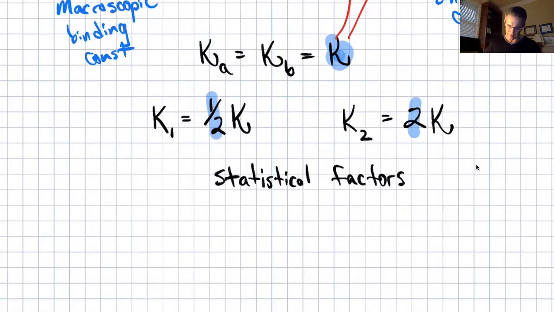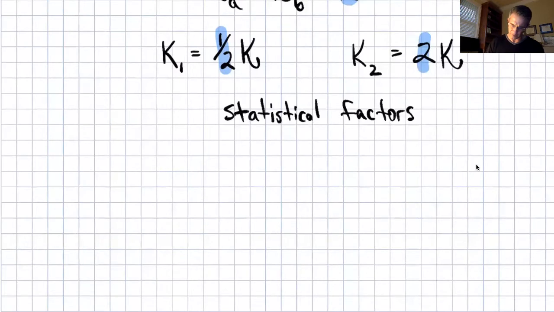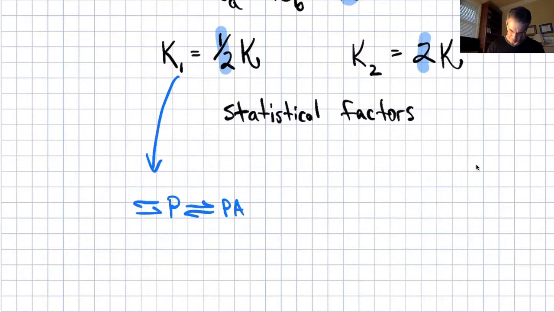Well, let's take this first one, for example. In the first case, where P could bind, it could bind to either the A side or the B side if we're thinking microscopically. So we could go this way, or this way. Relative to P, there are 2 ways to bind.